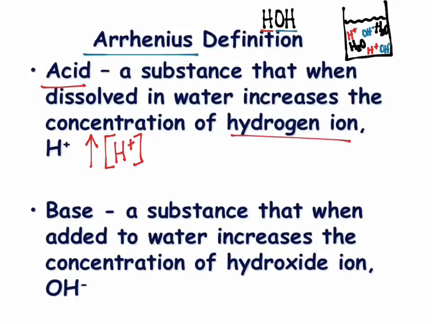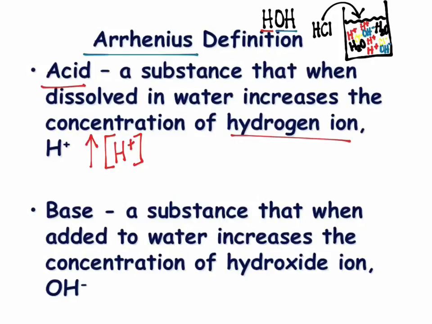So if I were to take an acid, HCl, and put it in here, it's going to ionize. And when it ionizes, we're going to end up getting some H pluses, and then what we're also left floating around with are some Cl minuses.